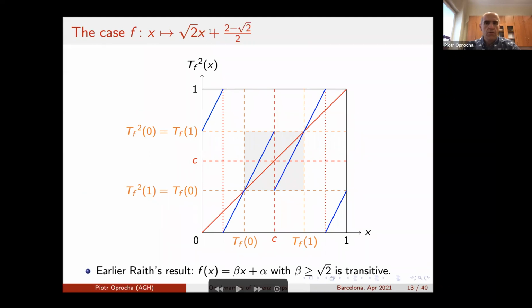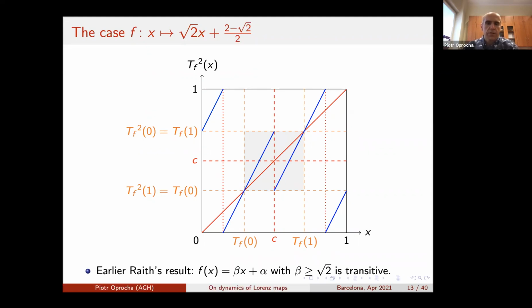So if you look at that map, square root of 2 plus this fraction here, and at the graph of the second iterate, you can see here an invariant region. So definitely that map is not mixing because it permutes this interval in the center; in one iteration it splits to left and right, and then it connects again.